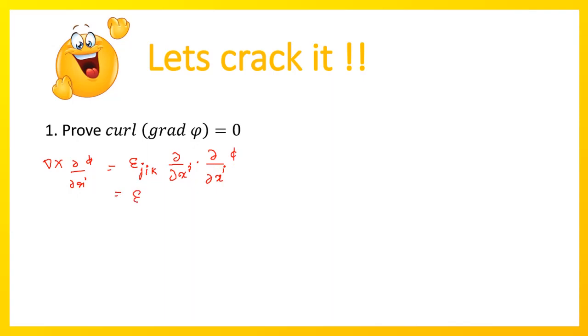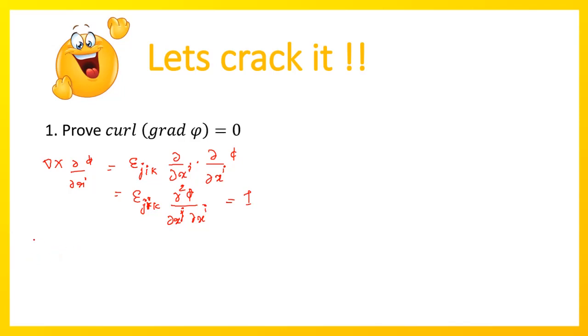So I can write this as epsilon_jik dou square phi divided by dou x_j into dou x_i. And let me call it I. Since i and j here repeat twice, i and j are dummy indices. We know that we can replace dummy indices.